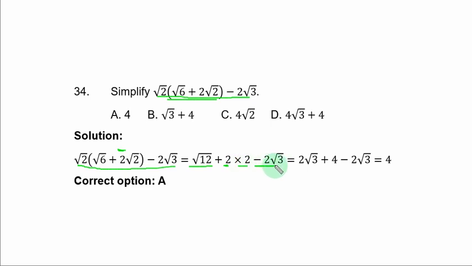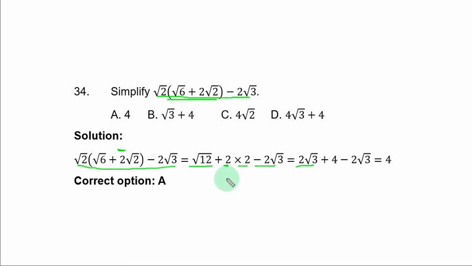Then minus this. If you express this in basic form, there's a perfect number 4 as a factor of 12. So you express root 12 as root 4 times 3, and root 4 is 2, times root 3. You multiply this.